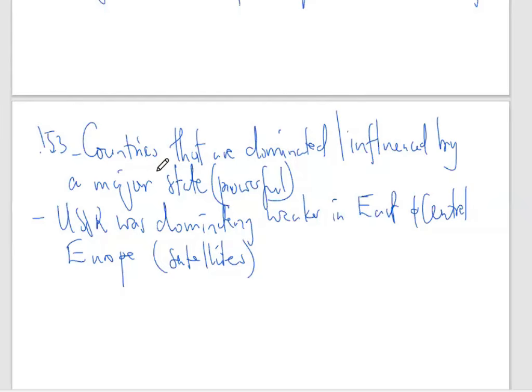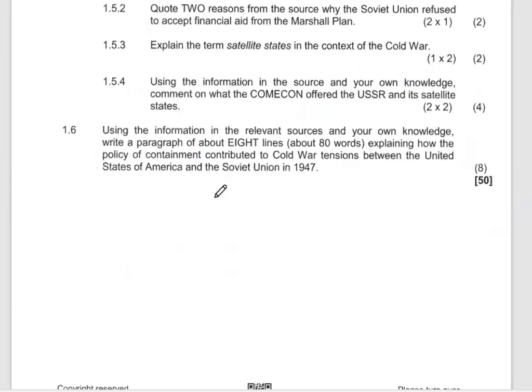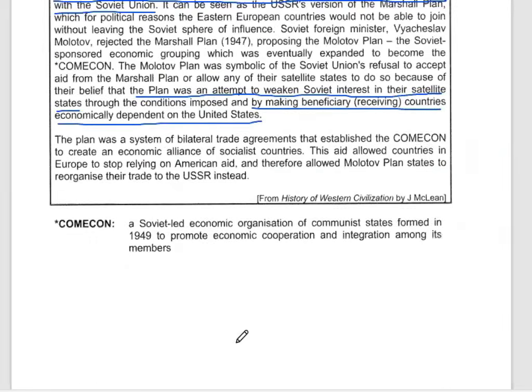Then moving on to the next question, we have number 154. Using the information in the source and your own knowledge, comment on what the COMECON offered the USSR and its satellite states. We are told about the COMECON, what it offered.